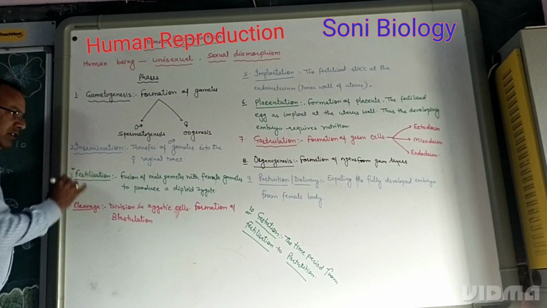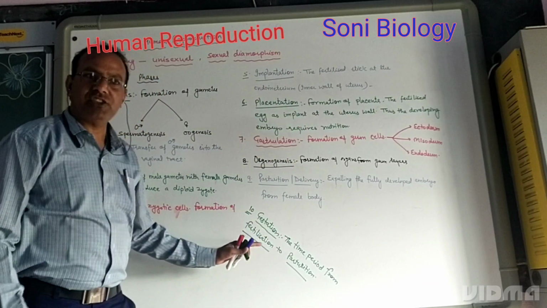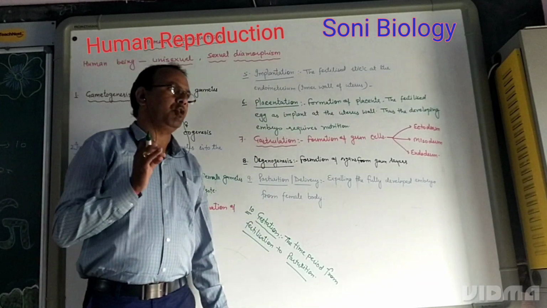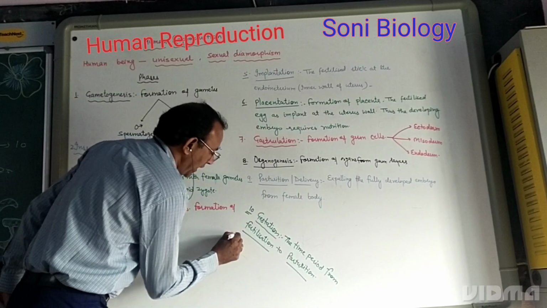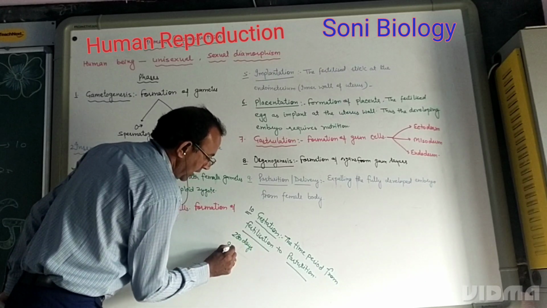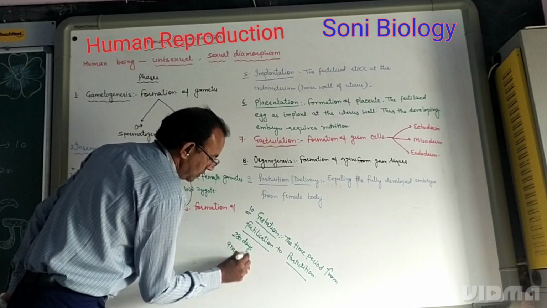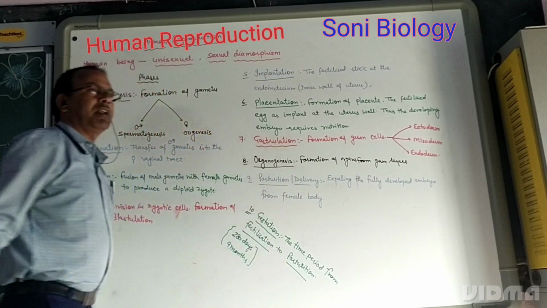From fertilization to parturition, this time period is known as gestation. And in human beings, the gestation time period is 280 days, or 9 months.